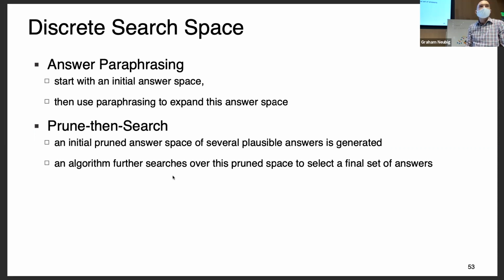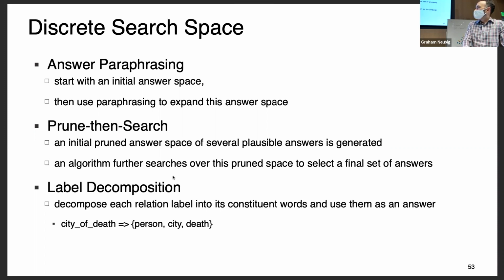So you could do things like add one as long as it's improving accuracy, remove one as long as it's not decreasing accuracy, etc. Another thing you can do is decompose a multi-word label into its constituent words and use each of them as an answer. So like if we have "city of death" or something like that, it could be "city death." Actually, I'm not sure why "person" is there. That might be a typo.